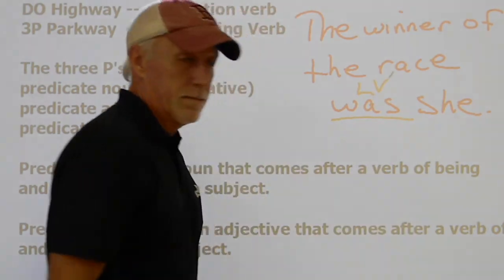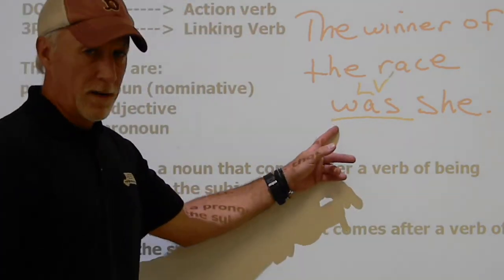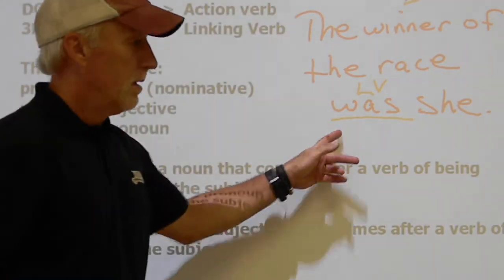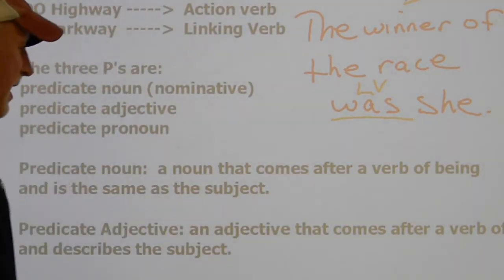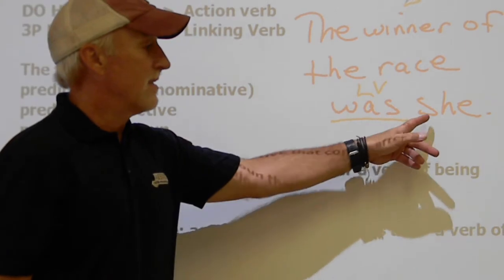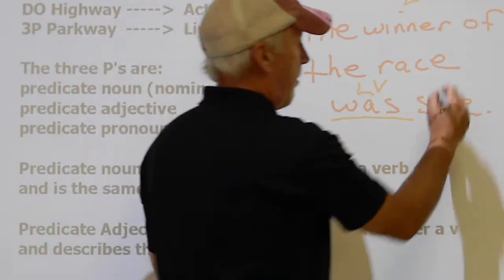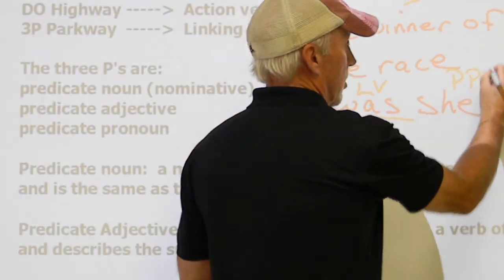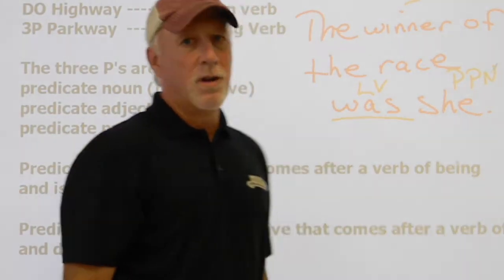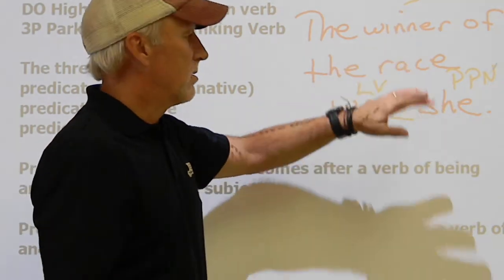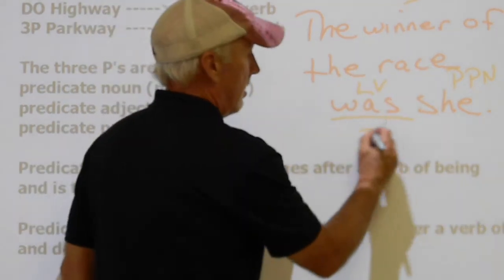Linking verb. Who was? Find the subject. Winner was. The definition of a predicate pronoun: it comes after the verb of being and is the same thing as the subject. She is a predicate pronoun. You should all remember pronouns from last year. It's the same as winner, not describing, the same as winner. Equal signs.